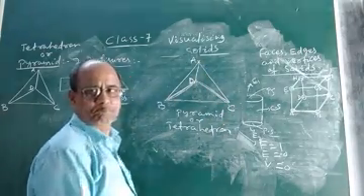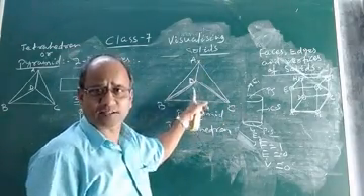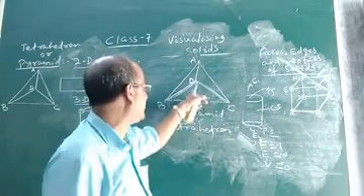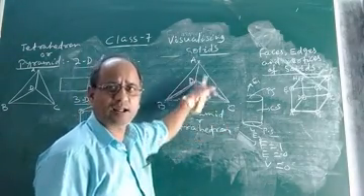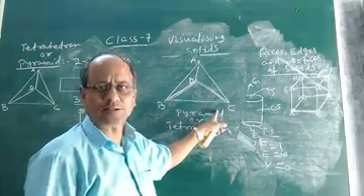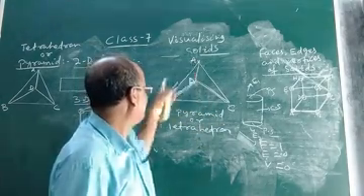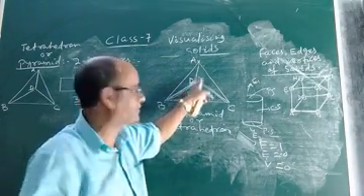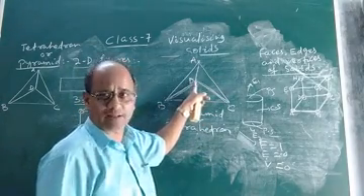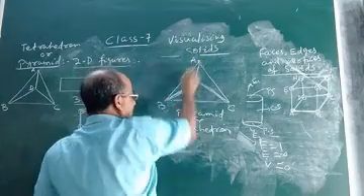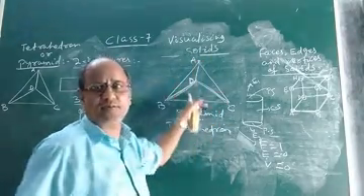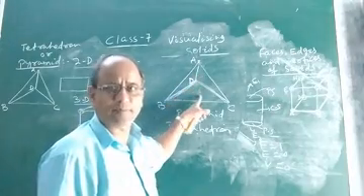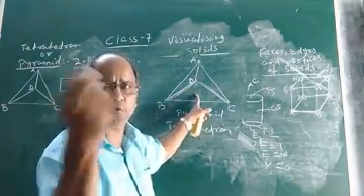You see, other than the base of this solid, that is triangle BCD, there are three other faces. So what are the three other faces? Triangle ABD is one face, triangle ACD is another face of this solid, then ABC is another face of this solid. There are three other faces. That means here in this particular solid there are four faces.